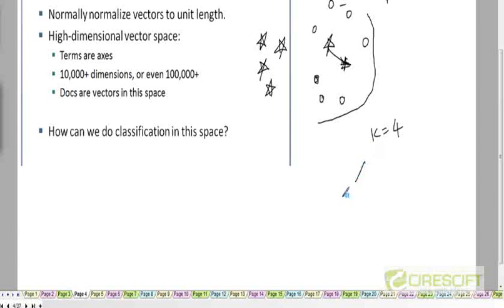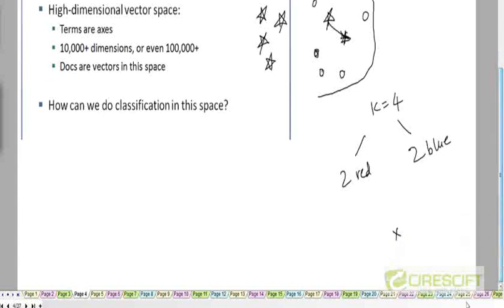Two of them are red and two of them are blue. How would you decide where to put the test document? Can you look at something more specific to make that decision when there is a tie?